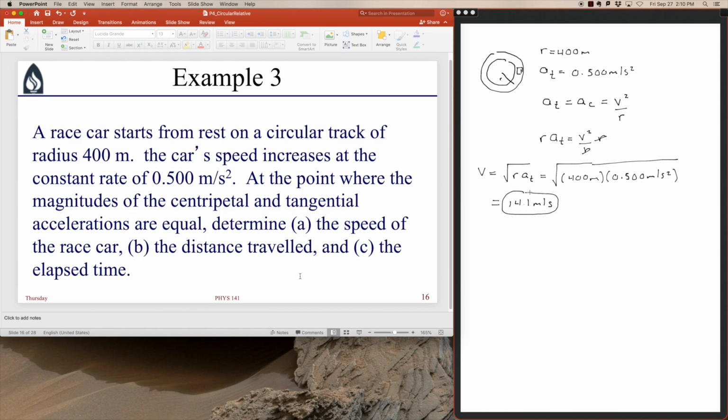So part B is asking, how far did the car travel going from rest to 14.1 meters per second? This sounds to me like it might be a constant acceleration type problem. So I should write down a list of the things that I know. What are my knowns?